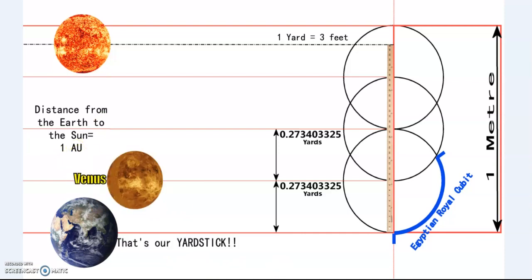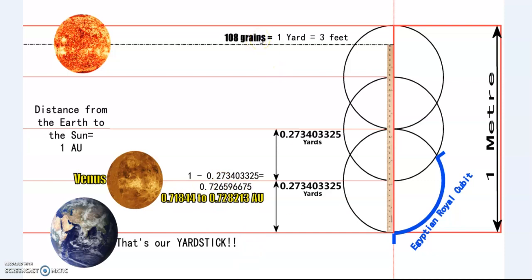So now we'll be using that as the yardstick. Just so happens that if from the Sun to the Earth is 1, well, the orbit of Venus is 27.3% closer, and because of the elliptical orbits there, we see the variation, but we see that it falls within that, so it does pass through that point.